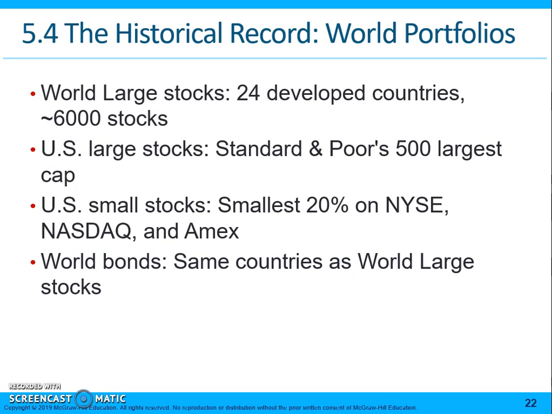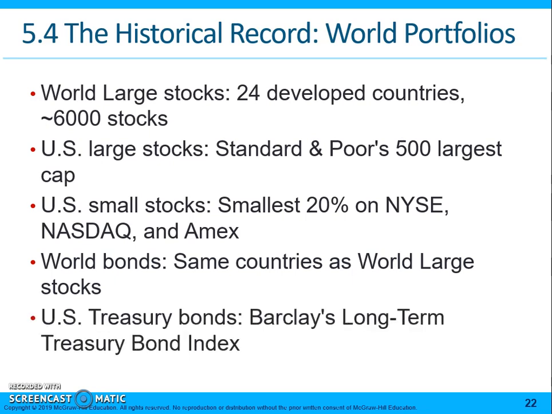World bonds, same countries as world large stocks. Treasury bonds is the Barclays long-term Treasury bond index. One thing of note, Barclays took over the Treasury bond index from Lehman Brothers. They took over after Lehman failed. Barclays took over much of Lehman's operations, and they inherited that index.